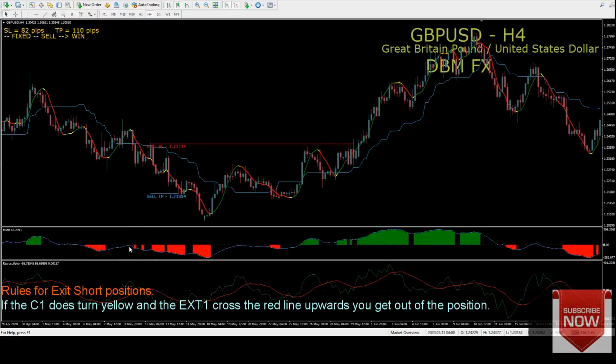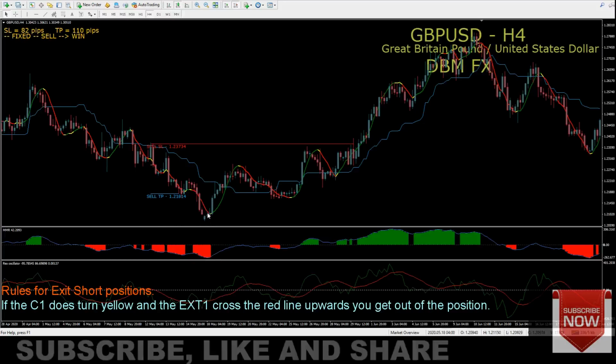You keep an eye on this blue line, which has to stay underneath the zero line. You actually want to leave whenever the C1 is turning yellow.